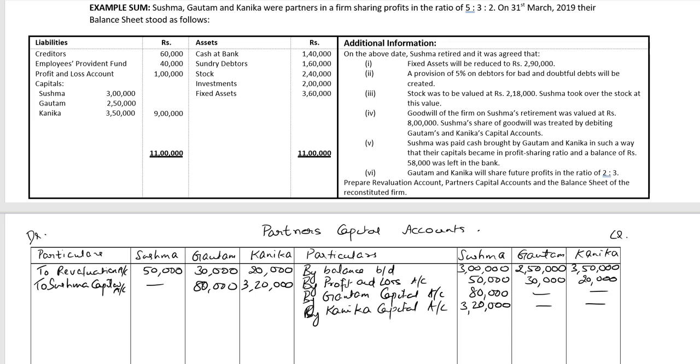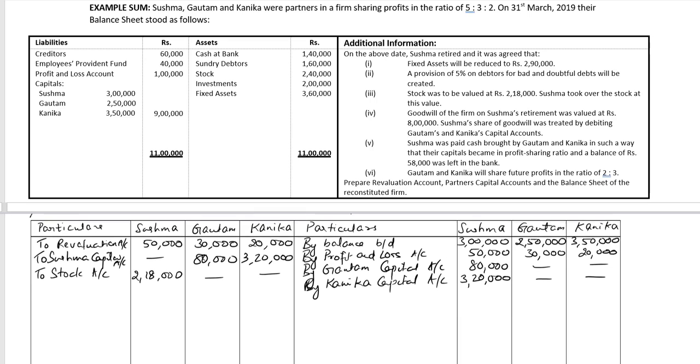Next, we'll deal with the third point. The stock which was valued right now at 2,18,000 has been taken over by Sushma. So to stock account, 2,18,000 rupees. Let's pay off the retiring partner, Sushma.